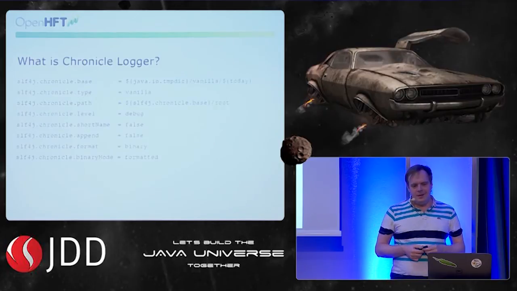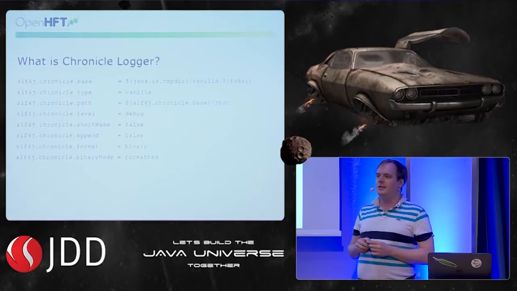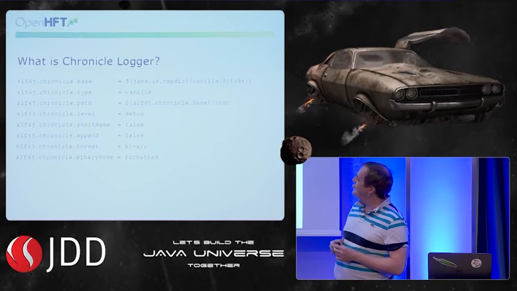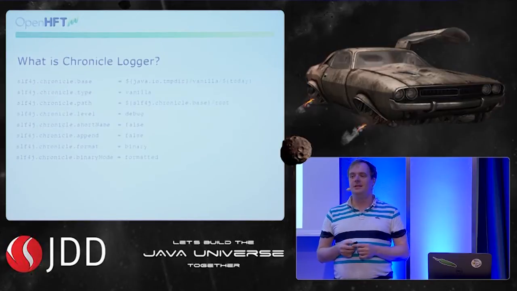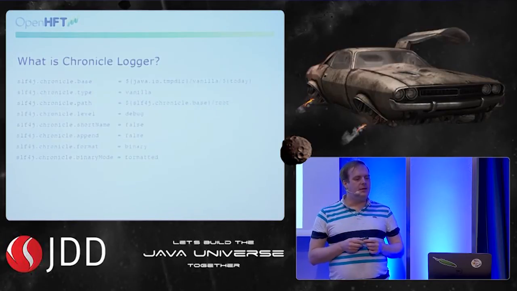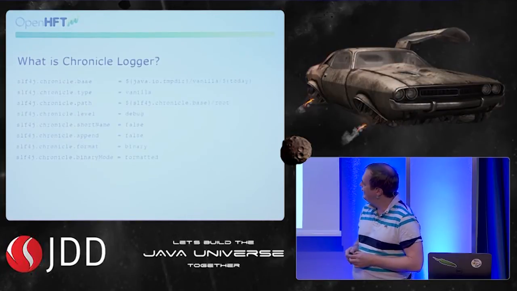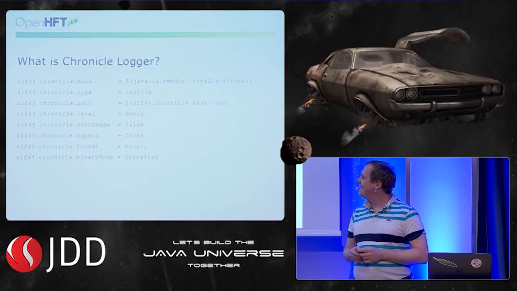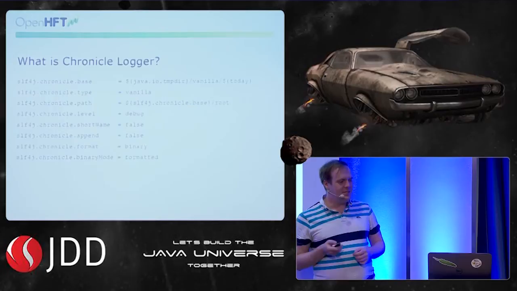So this slide actually explains why so much of this is not about logging. That's because we've gone to some length to make it really simple to just drop it in. You just change the configuration file to use a different appender, and that's it.